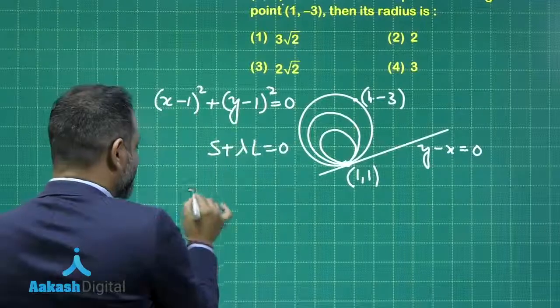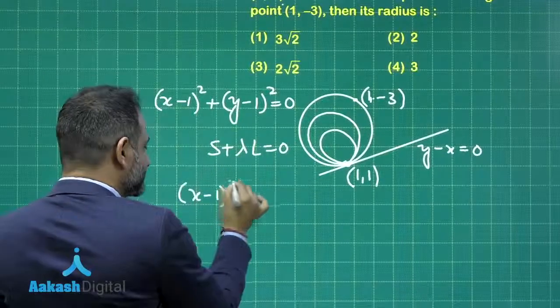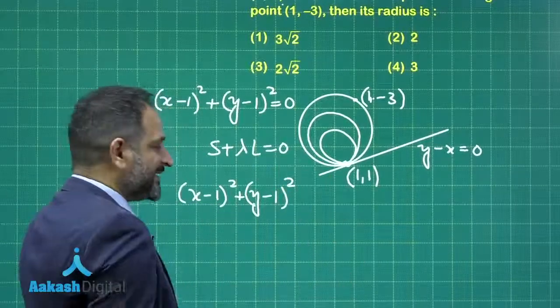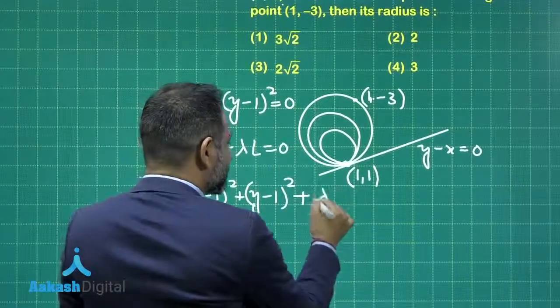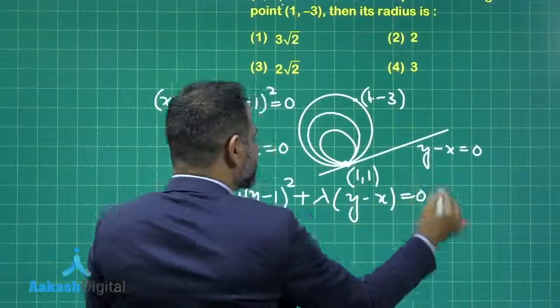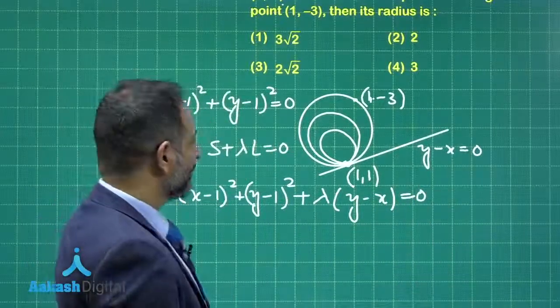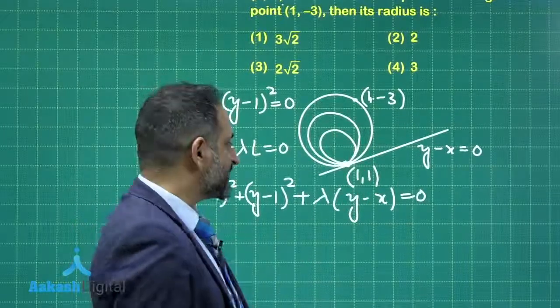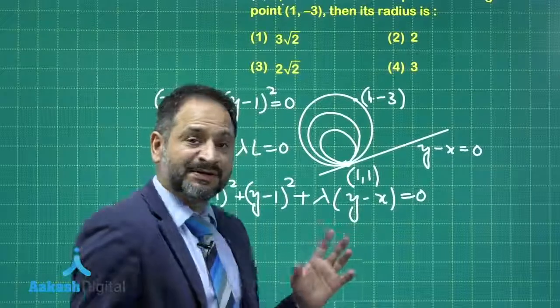Now, the S for us is this one, and this is definitely L. So, these are all the family of circles for which the tangent is y equal to x at this particular point.